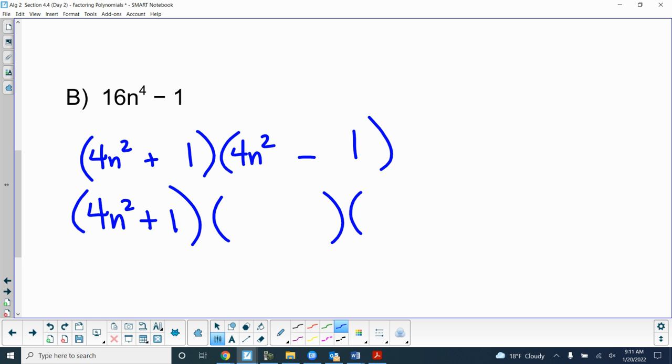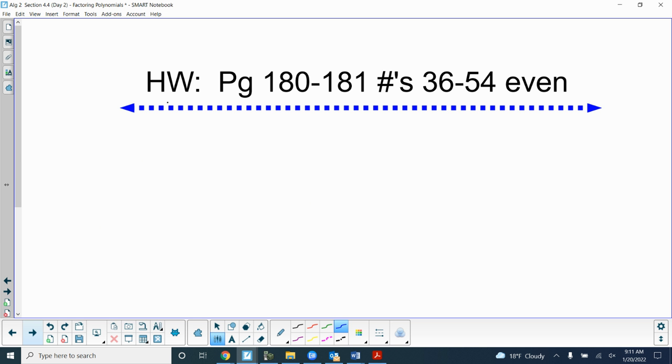The one on the right, what's the square root of 4n squared? 2n. What's the square root of 1? Plus and minus. Okay? So, make sure we factor completely. Now I'm done, I think. There we go. 36 to 54 even.